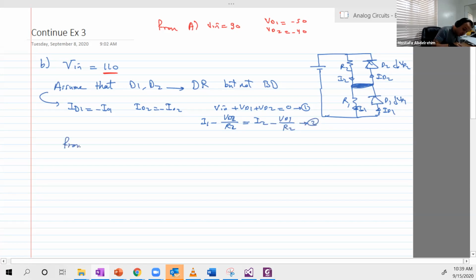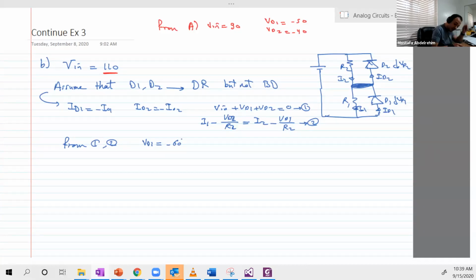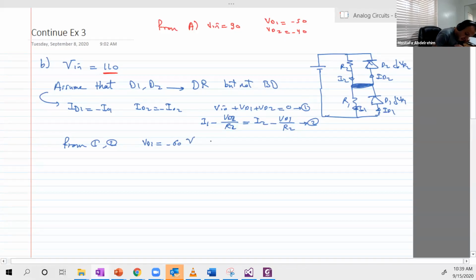From 1 and 2, we find a very interesting result: VD1 is actually equal to minus 60 volts. What? I'm sorry, what will happen? Yes, minus 10. That's right. Minus 60 volts, and VD2 is equal to minus 50 volts.